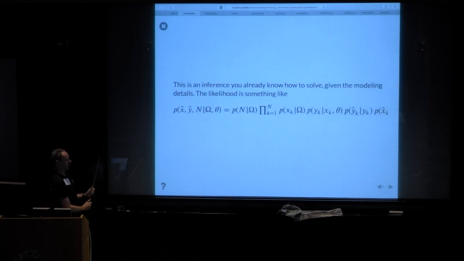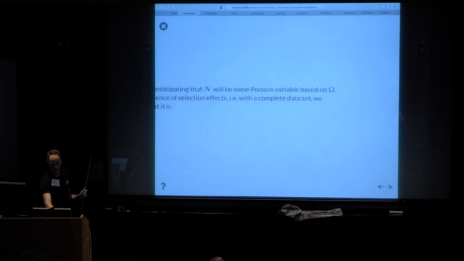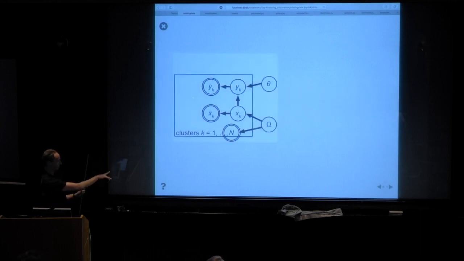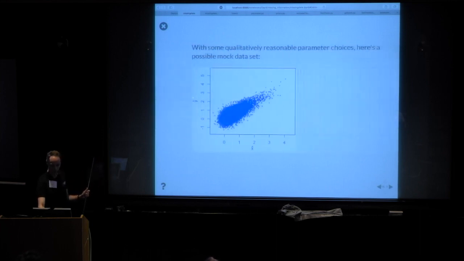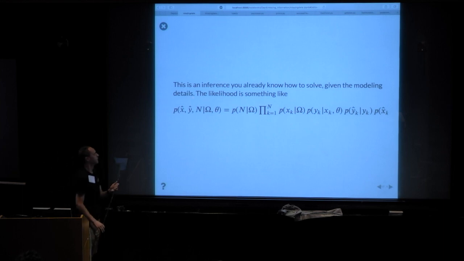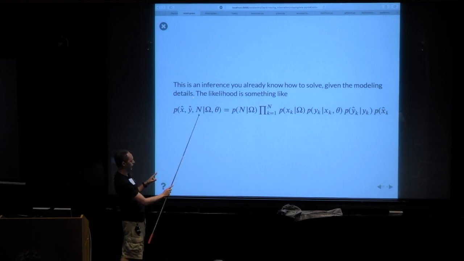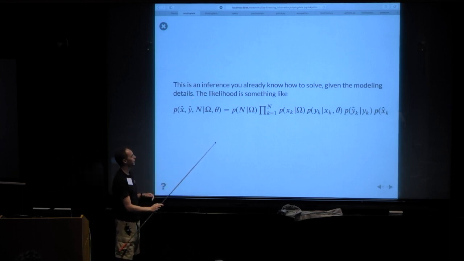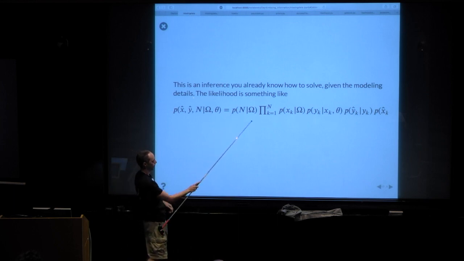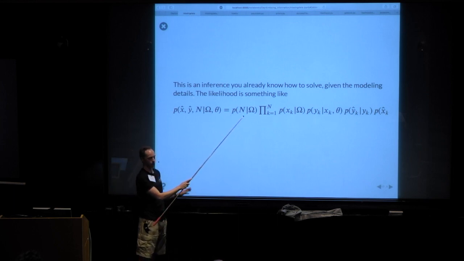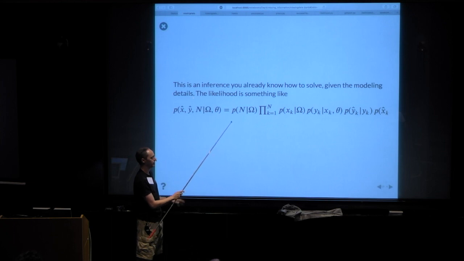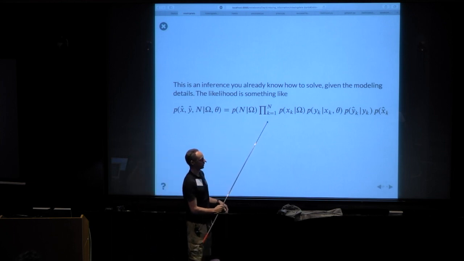Okay, so I'm claiming again, this is an inference that you already know how to solve based on this week. So here is the likelihood that corresponds to this thing. Counting for the moment capital N to be data, which will not be true later on. There's this Poisson distribution for n, given some expectation from cosmology out front. That's kind of new. But other than that, it's something that we have done before.